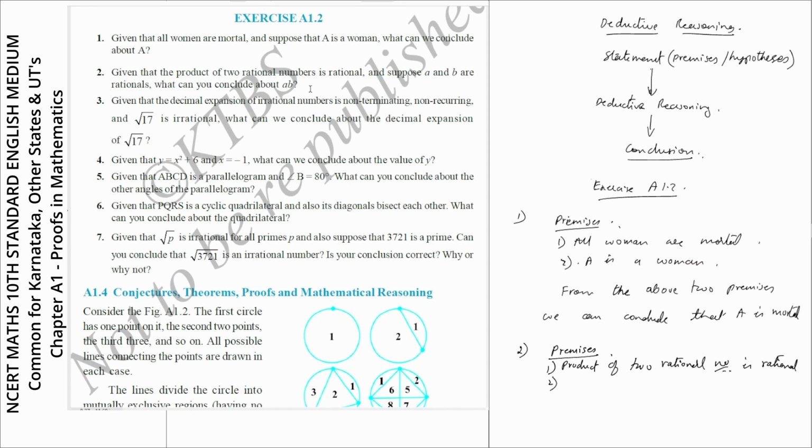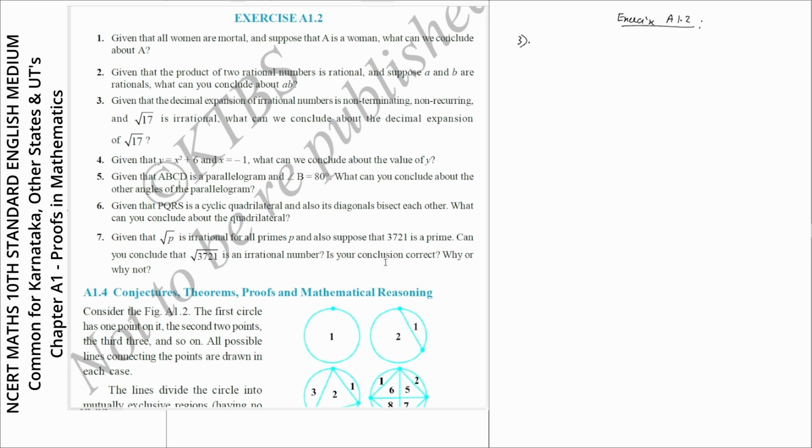And A and B are rational number. So from the above two premises we can conclude that AB is a rational number.